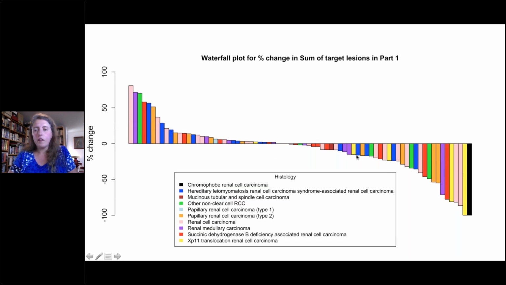And then the patients on the right-hand side are patients who have had a reduction in their tumour size. So these waterfall plots can be used to provide a graphical display of whether in that particular study patients were having a reduction or an increase in their tumour burden.